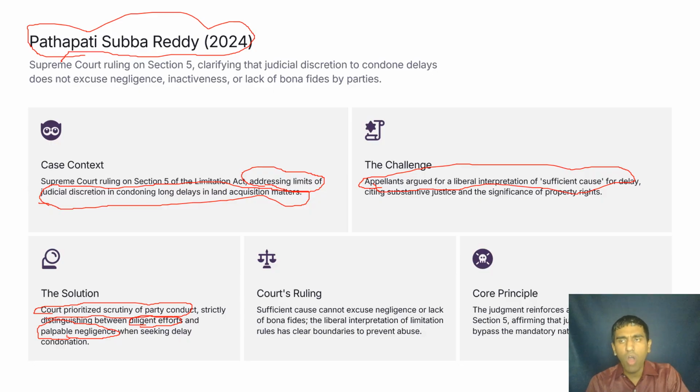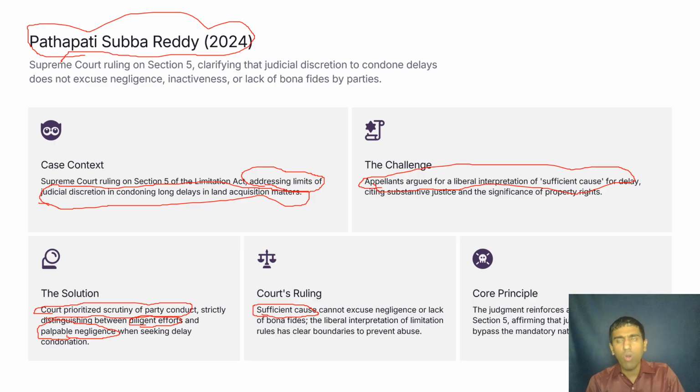So after a long hearing, the court had ruled that even if you had sufficient cause for not filing the case within the limitation period, it does not excuse negligence in filing the case properly within the time limit, or if your reasons were not genuine at all to begin with.